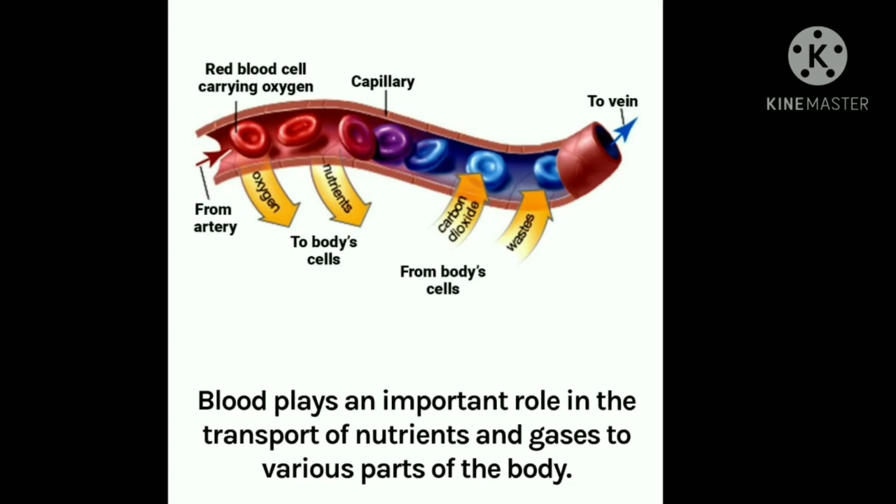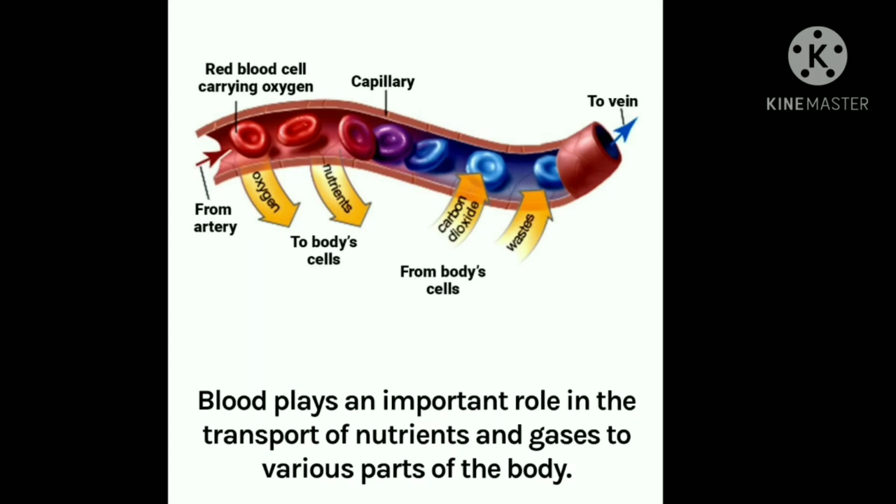In this cellular respiration, whatever carbon dioxide and waste material is created gets absorbed in the blood, which makes the red blood cells, because of the deoxygenation or the concentration of carbon dioxide, turn a bluish purple color.